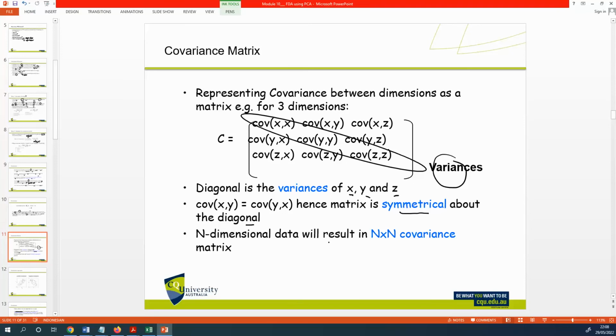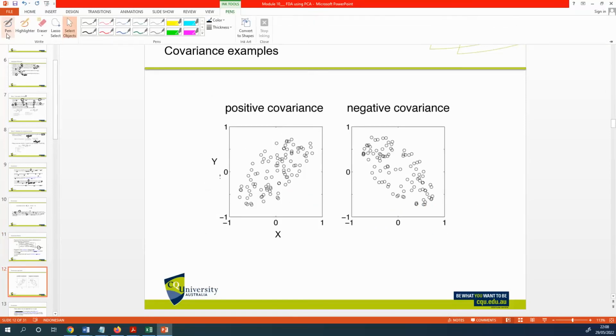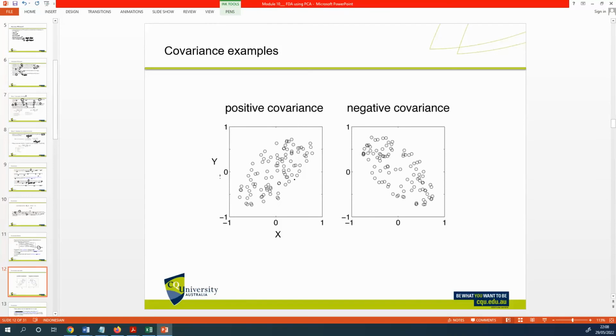N-dimensional data will result in an n times n covariance matrix. This is the covariance example. We have here a positive covariance and this one is a negative covariance.